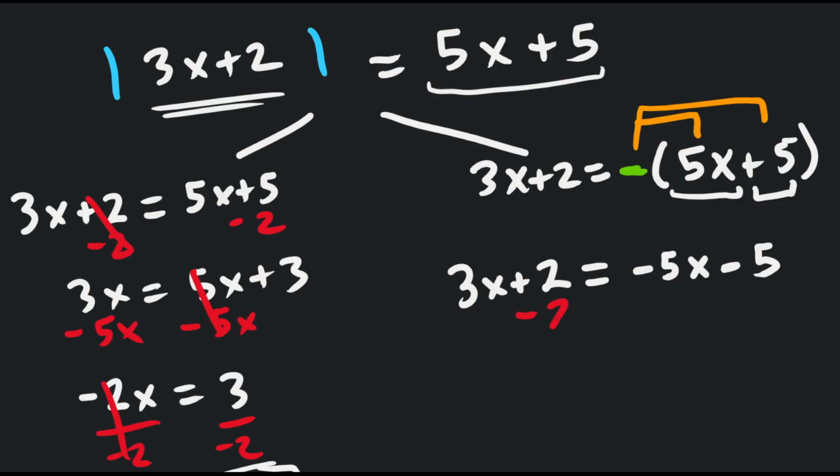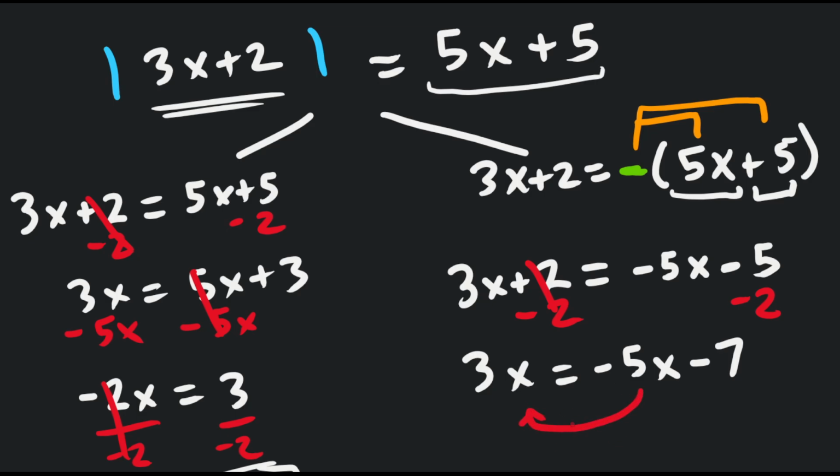And let's continue solving this. So we can subtract 2 from both sides. 3x equals negative 5x, and then negative 5 minus 2 is negative 7. And now we can move this negative 5x to the other side by adding 5x to both sides.